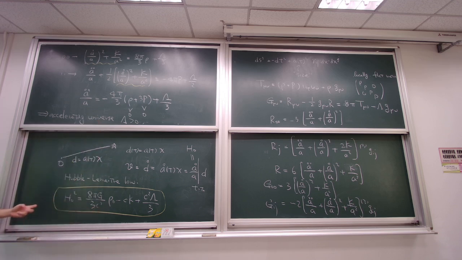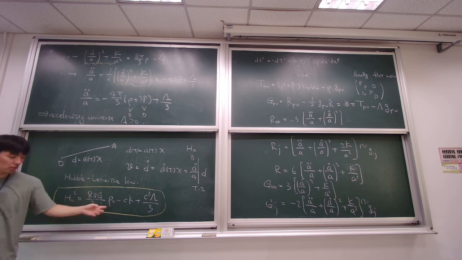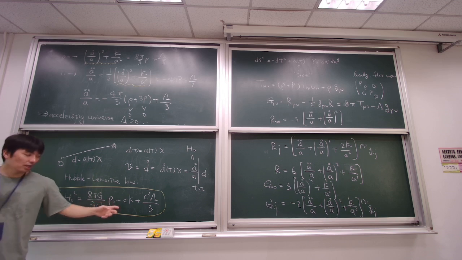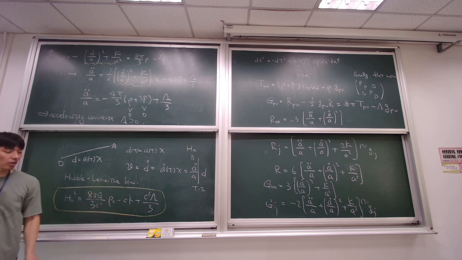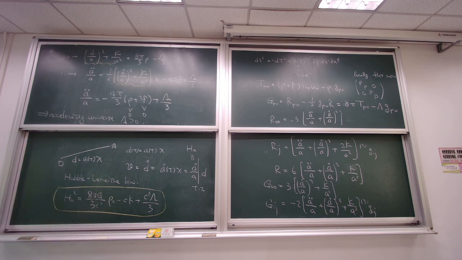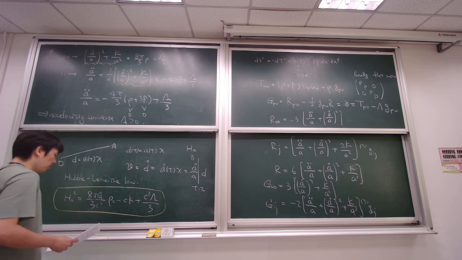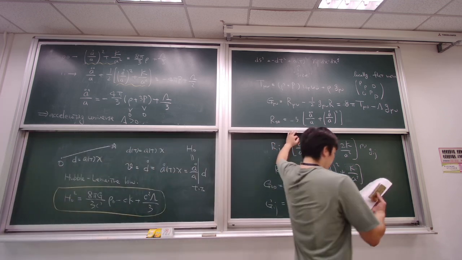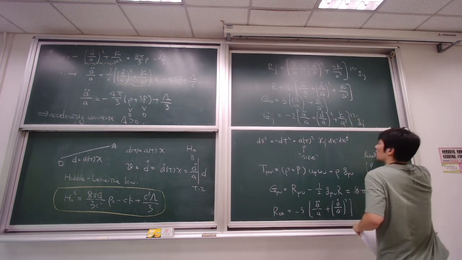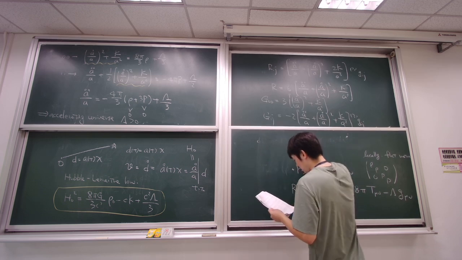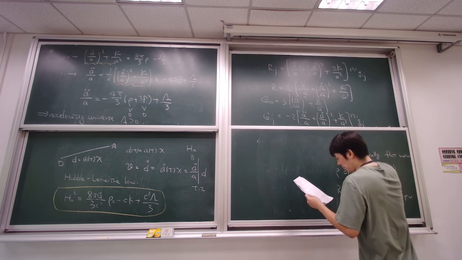So the Hubble constant squared is governed by the contents of the universe: the energy density, the cosmological constant, and the corresponding K. I just restored G and c for the sake of completeness. Fine. So that's the Hubble-Lemaître law, and I think you are already familiar with it. And then we can solve.